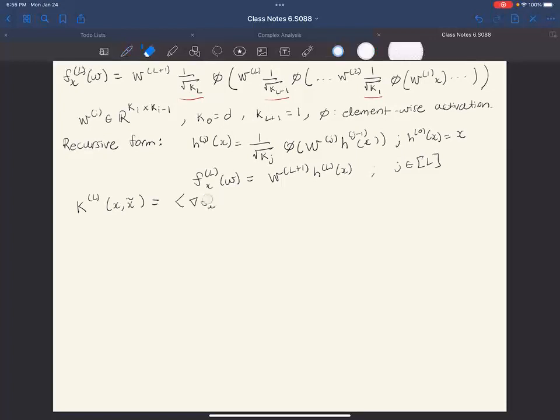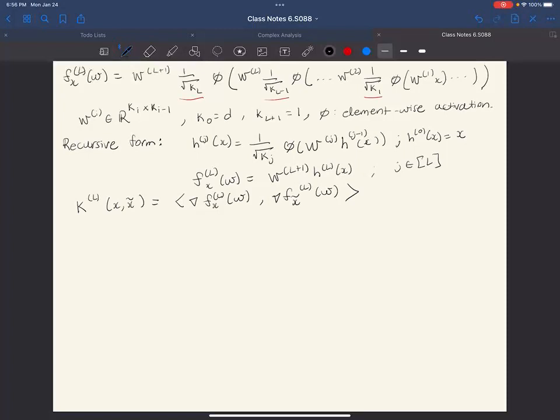It's just the inner product of gradients of f_L at W at some data point x with the gradients of f at x tilde at W. And here I'm just going to say this W is our initial value, W_0. This is going to save me some notation.